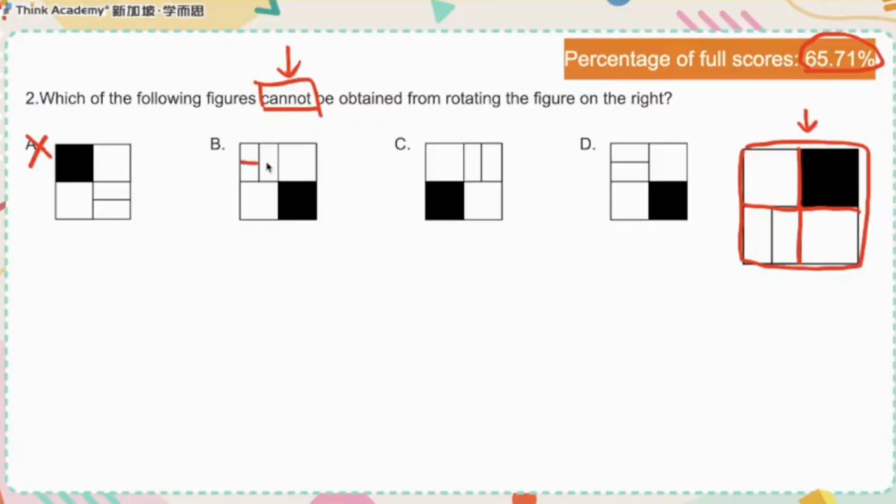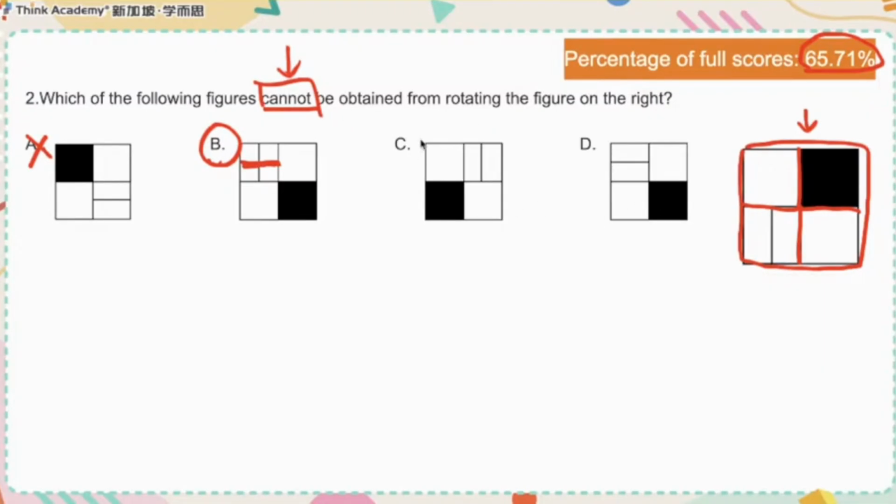Then this figure will look like this, right? You see the line, the position of the line is wrong. So this time, we cannot get it. Someone may say, oh, cannot get it, then I cross this option. Then you will miss the correct answer. Don't forget, which one cannot be obtained. So actually B is our answer.